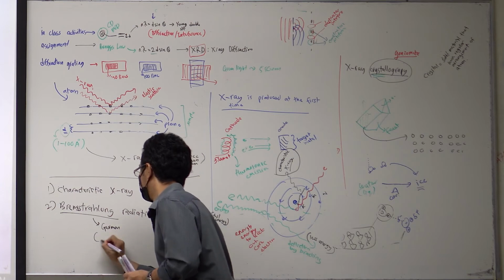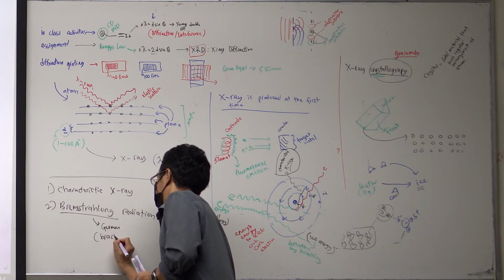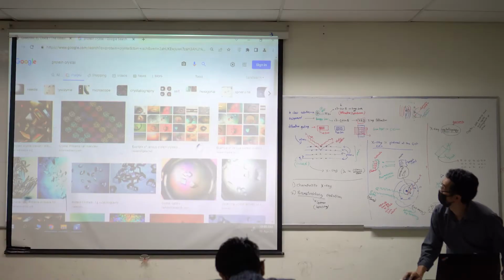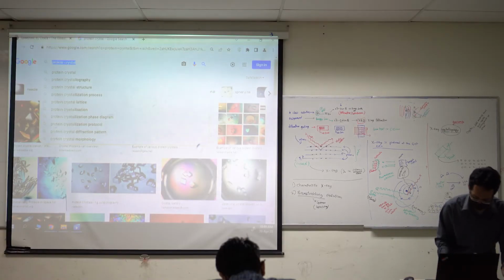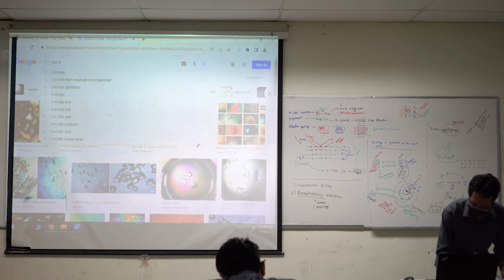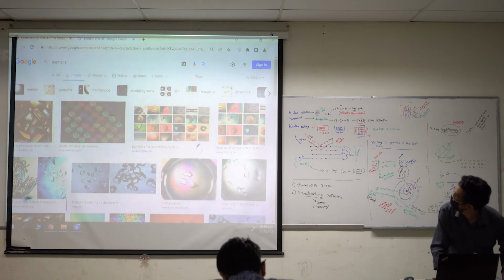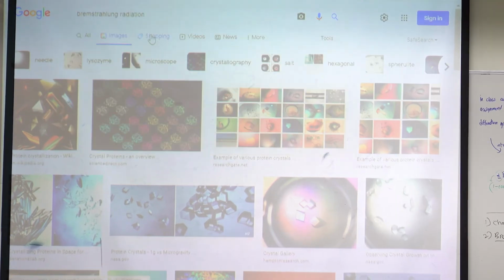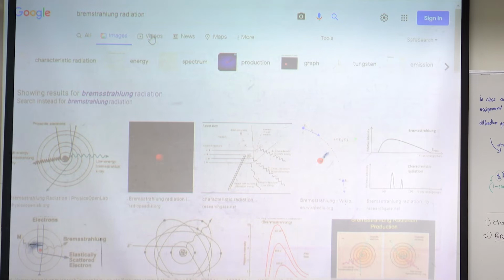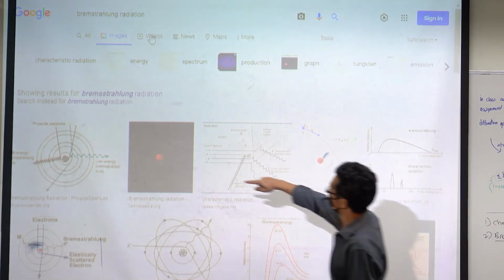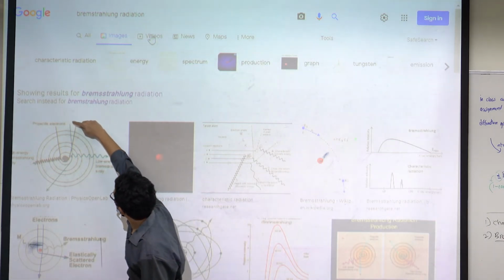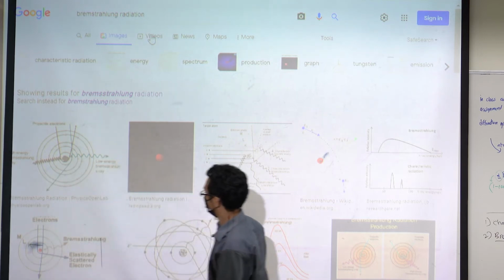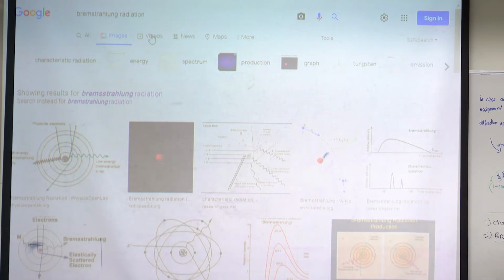German meaning braking. Bremsstrahlung radiation. Okay, so basically you can see here the electron coming here, and it just deflected here.